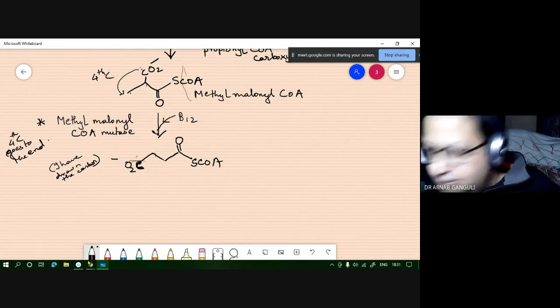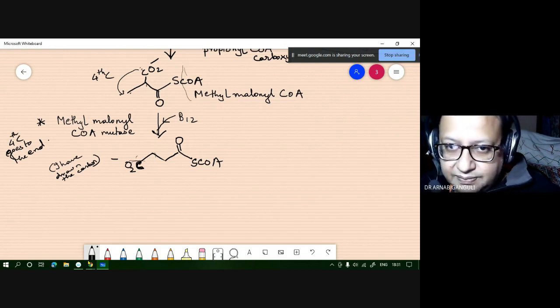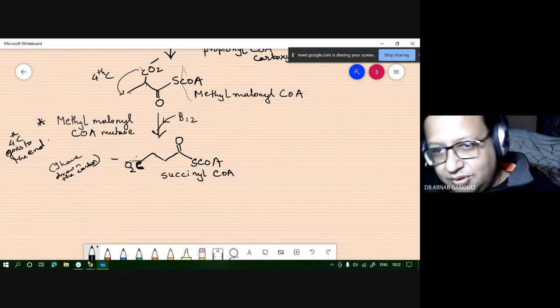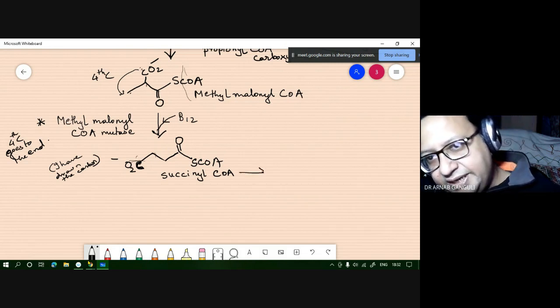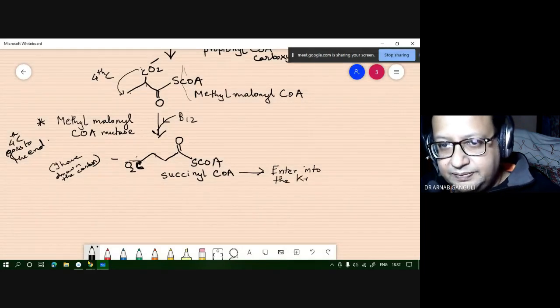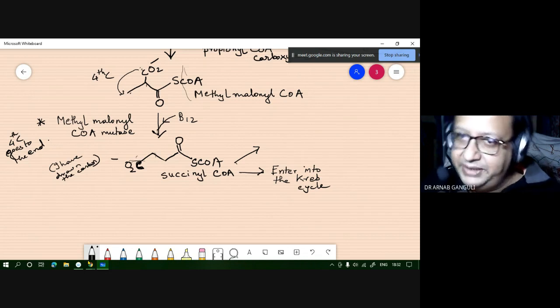So this is the structure of succinyl CoA. And you know, succinyl CoA will then enter into the Krebs cycle. It is also the intermediate of the Krebs cycle.